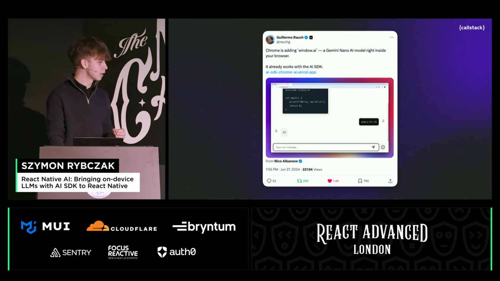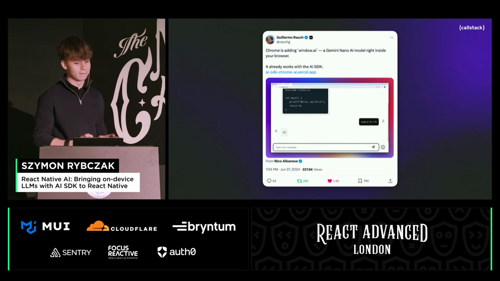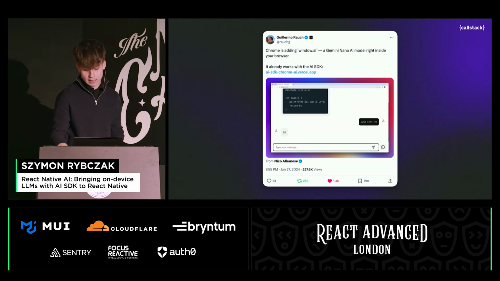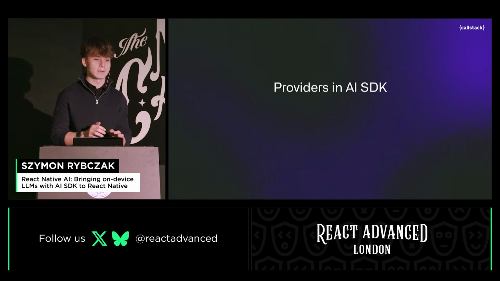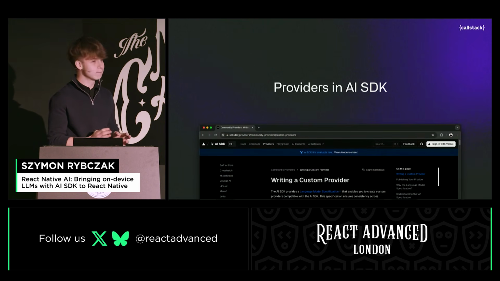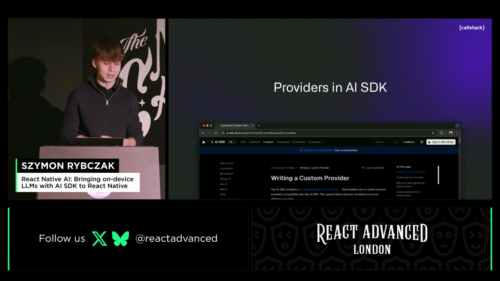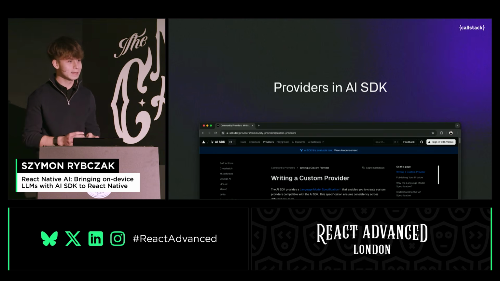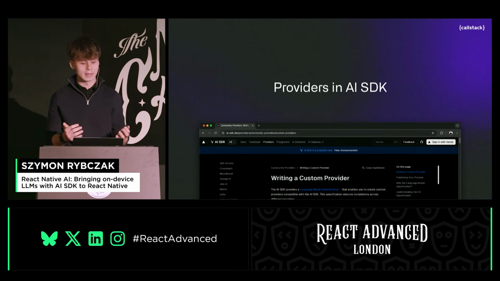And when I opened the source code for this Chrome window AI, I learned about providers in AI SDK. The idea of providers is that AI SDK contains many functions such as stream text, generate text, and basically provider is an implementation. So you have one unified API, and for, I don't know, Anthropic, Gemini, OpenAI APIs, you just create providers.